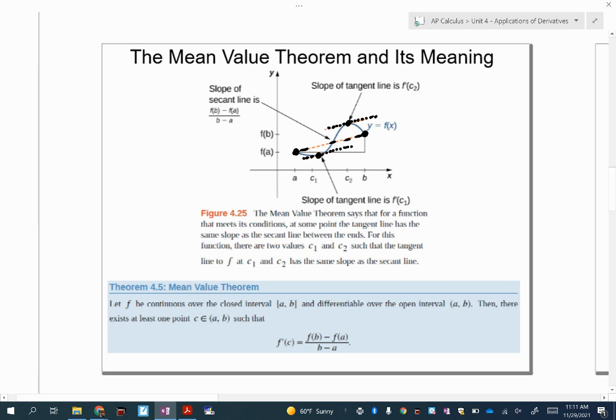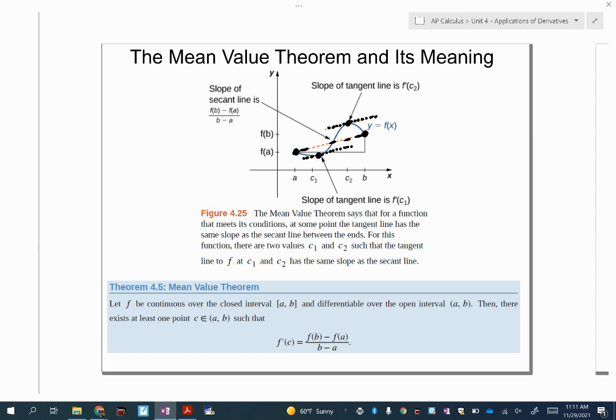But we're saying that there's some point, or points, in between these values of a and b, where if you take the slope of the line that's tangent to the curve at those x values, it would be the same as the slope that connects those two endpoints.